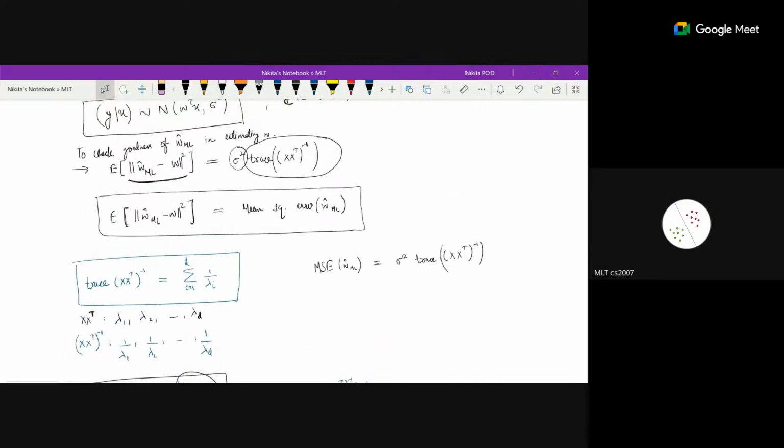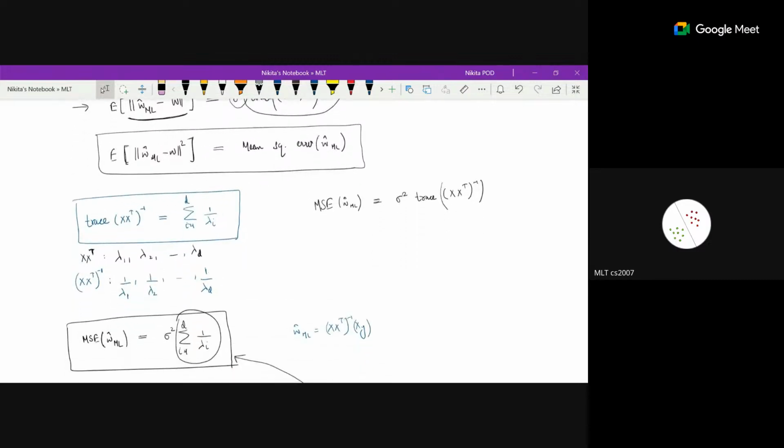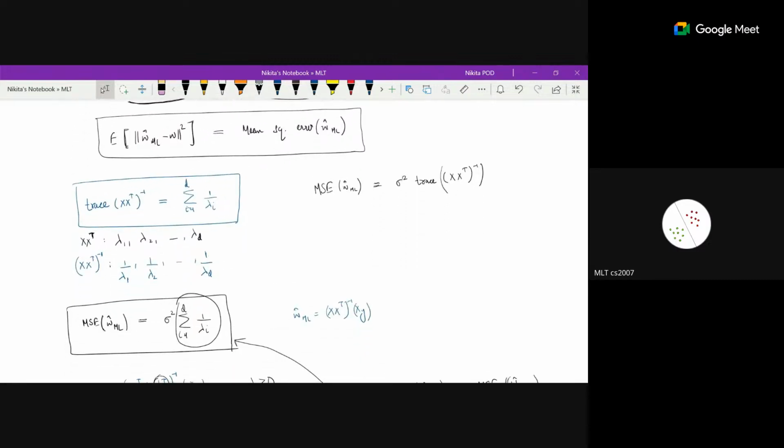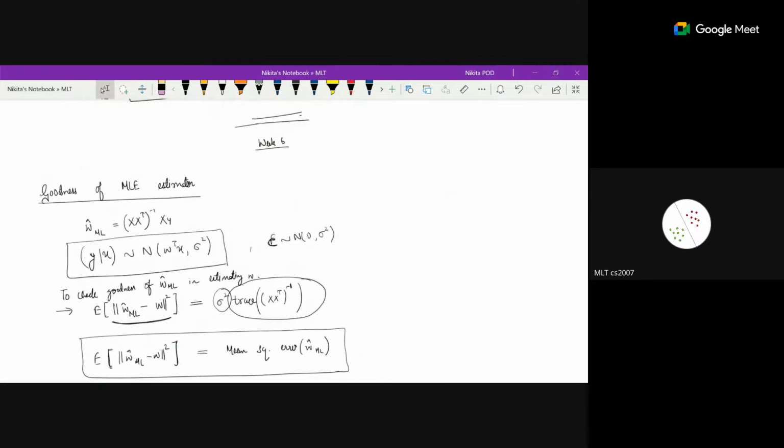Okay. We wanted to check how well we had found this W hat. We had found our W hat ML, which is given by XX transpose inverse XY. Now, this is an estimator, right?